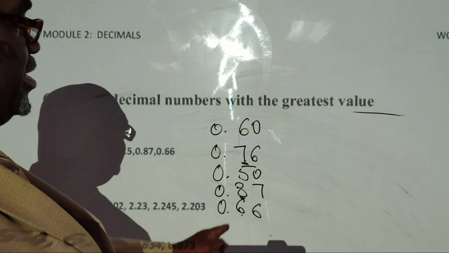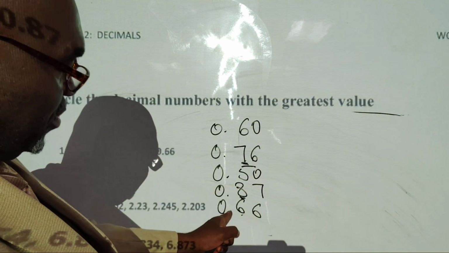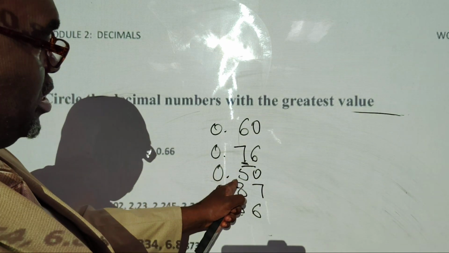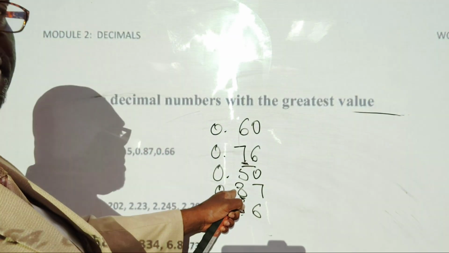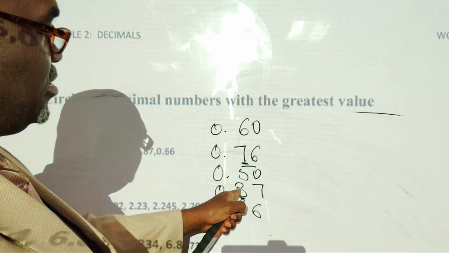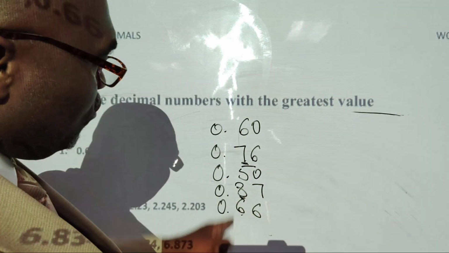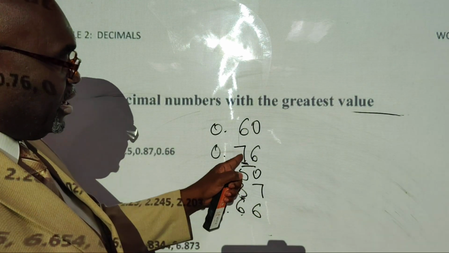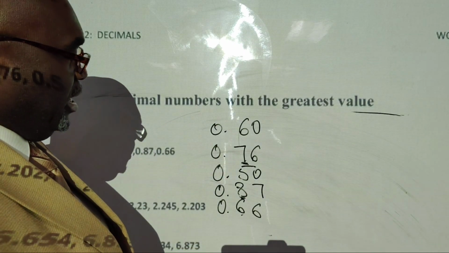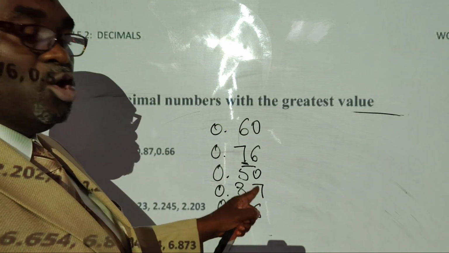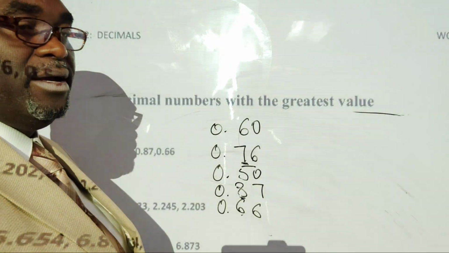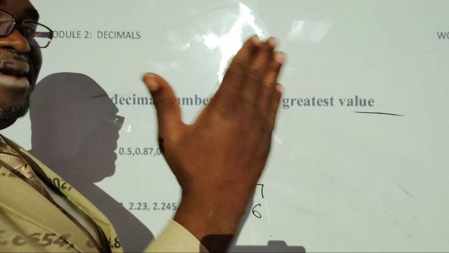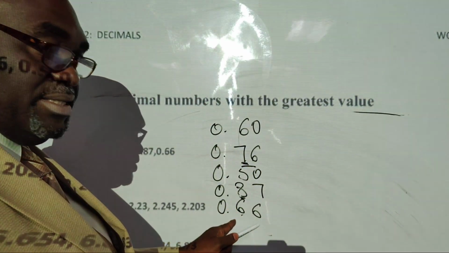Since that number is bigger on its first place, you start here first. If all of them were 8, 8, 8, 8, 8, well, then the biggest one would be 7. You always compare the number on the place value after the decimal.